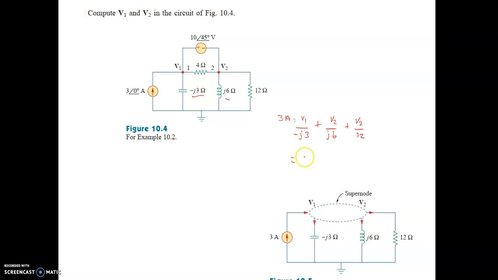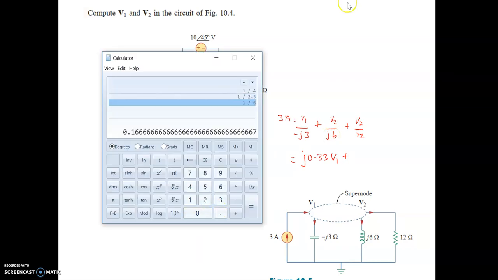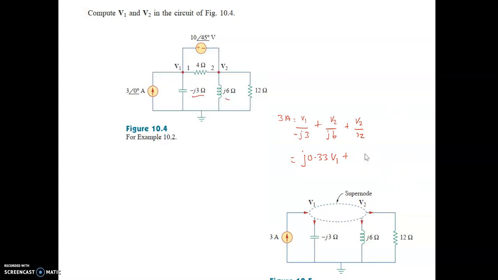So 1 by 3 is 0.33, 1 by J is minus J, again we have a minus, so plus J 0.33 V1. Plus 1 by 6, which is 0.166, and 1 by J is again minus J, so minus J 0.166 V2.